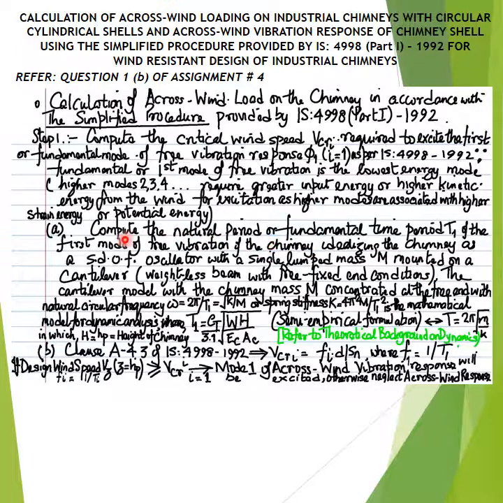field measurements of the vibration response of the industrial chimney structure, the semi-empirical formulation that is provided by standard textbooks for estimating the fundamental time period of the first mode of free vibration response of the chimney, termed the natural period of the real or practical industrial chimney structure, may be employed.